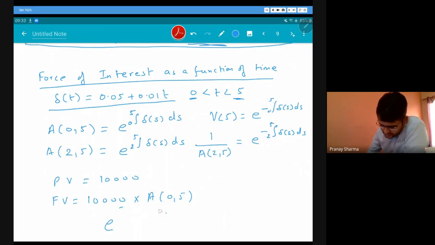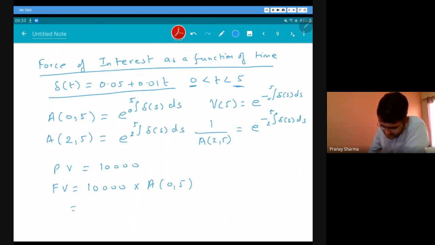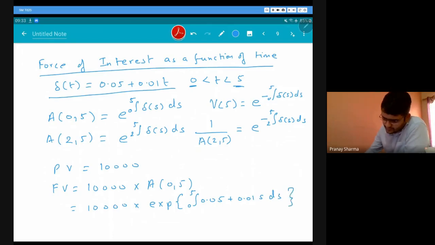So we have another way of writing it. Instead of e raised to, we write exp with a curly bracket. Exp curly bracket means e raised to. So I will write exp of the integration from 0 to 5 of 0.05 plus 0.01 s ds, bracket close.